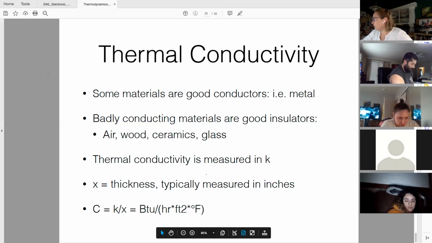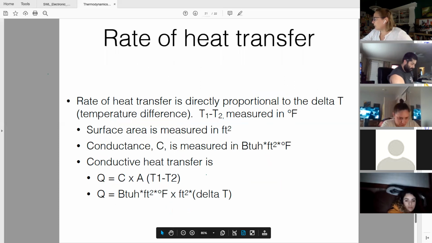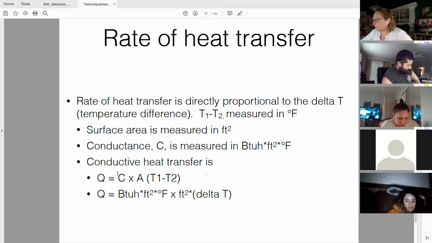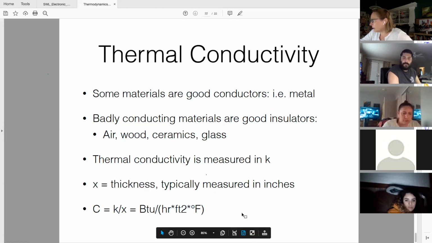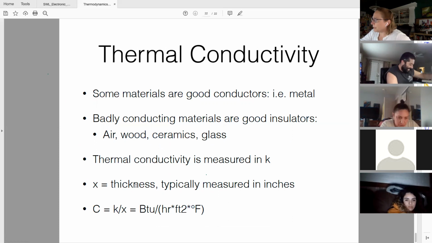If you recall back here where we were talking about the units for conductance, we have BTUs per hour foot squared degree Fahrenheit, and to get that we take the thermal conductivity of a material and divide it by the thickness.